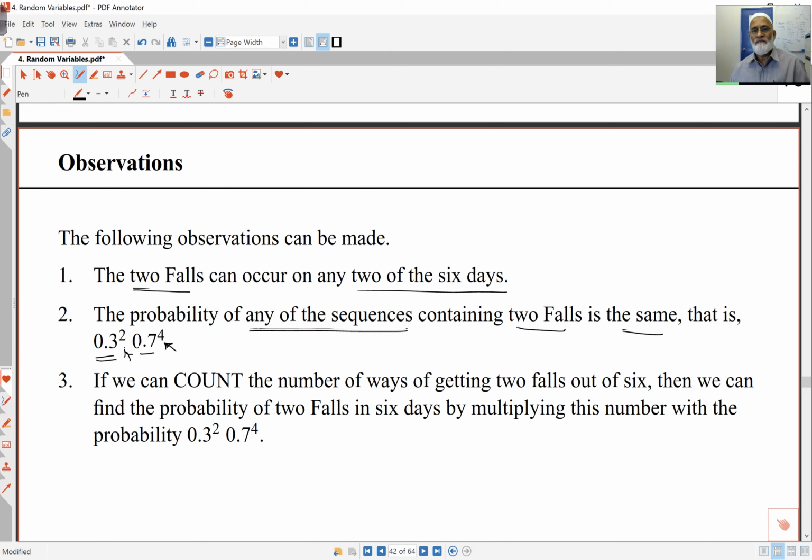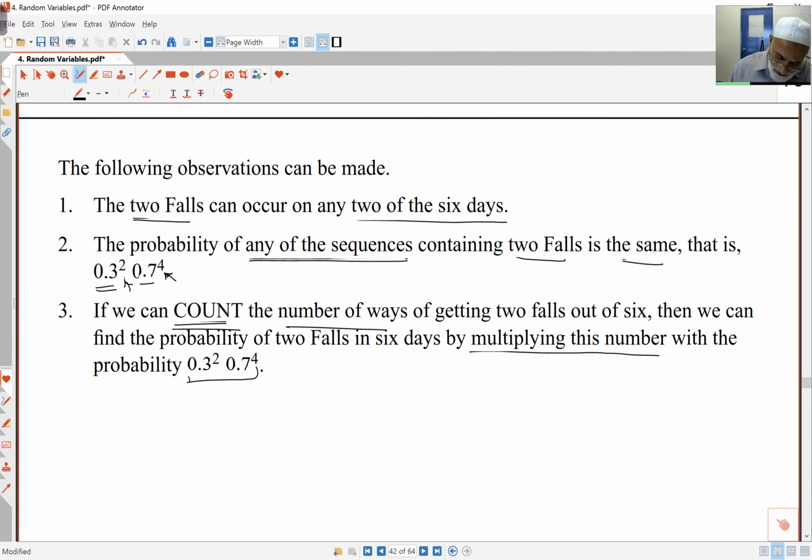However, there are very many sequences that can have true or false. As I showed you, we can have the fall in the first 2 days, the first and third day, the first and the fourth day, the second and third day, and so on. I'm going to count the number of ways this happens, and then add all those up. So multiply the number of times I'm going to get this in 6 days, and then multiply with the probability. That gives me the probability.